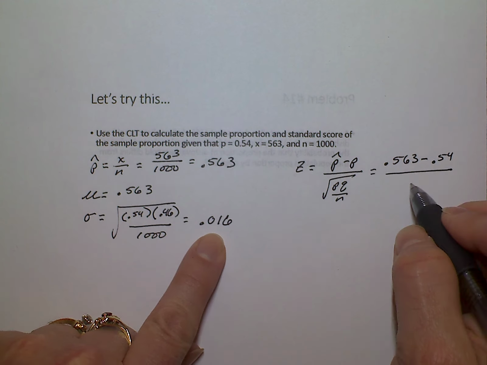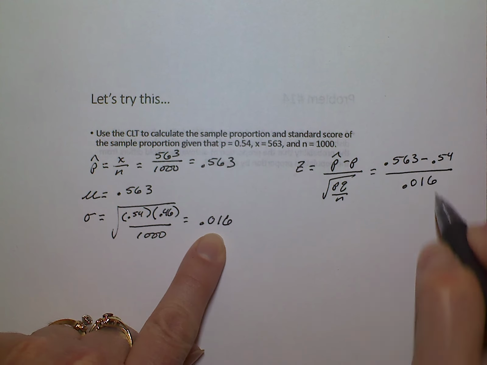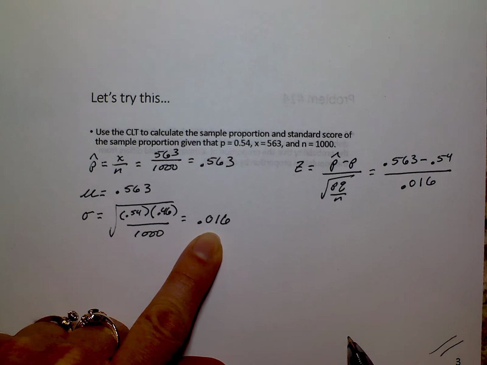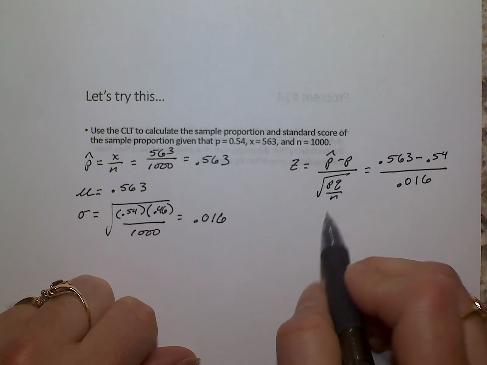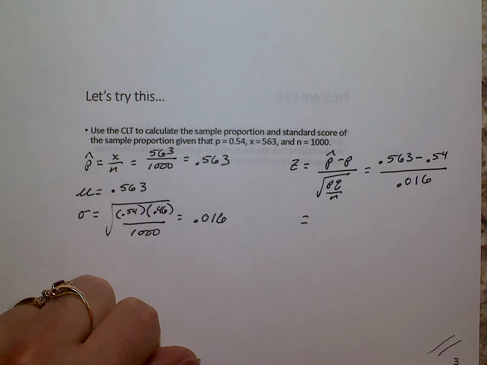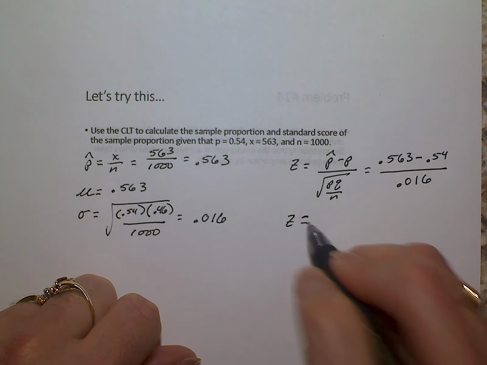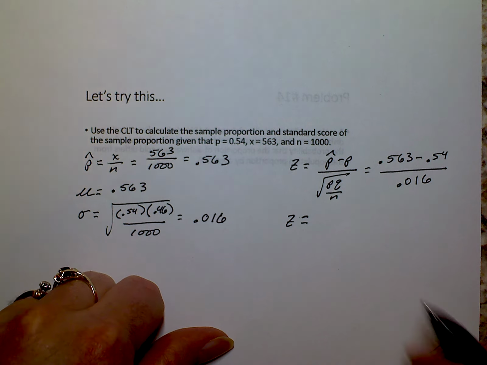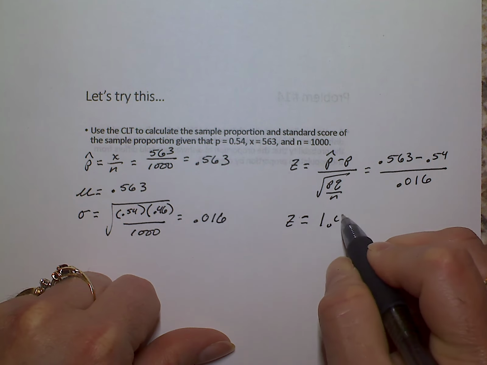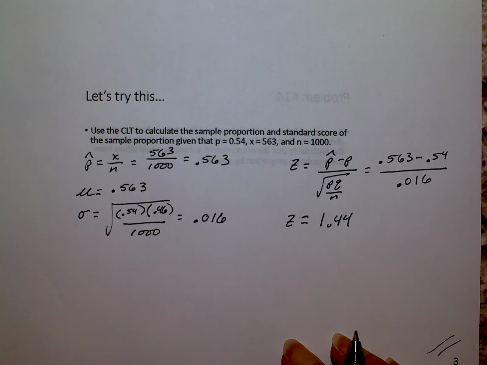Our new standard deviation. When you're doing this on HOCS, we'll have to see if that's sufficient, or if you might need to use it in exact form. We'll see. 1.44 is the z value that we're getting.